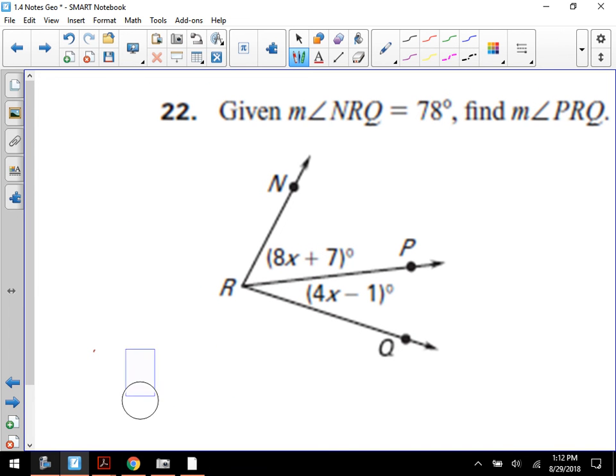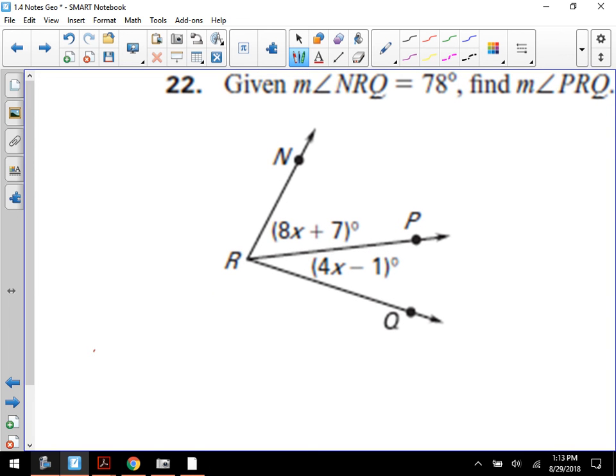What changes here? Nothing. The only thing that changes is you're not straight across from one another, you're at an angle. Two angles add up to equal the larger one. I know that in this case it would be 8x plus 7 plus 4x minus 1 is 78. Two angles add up to equal the larger one. That's what we're looking at today.